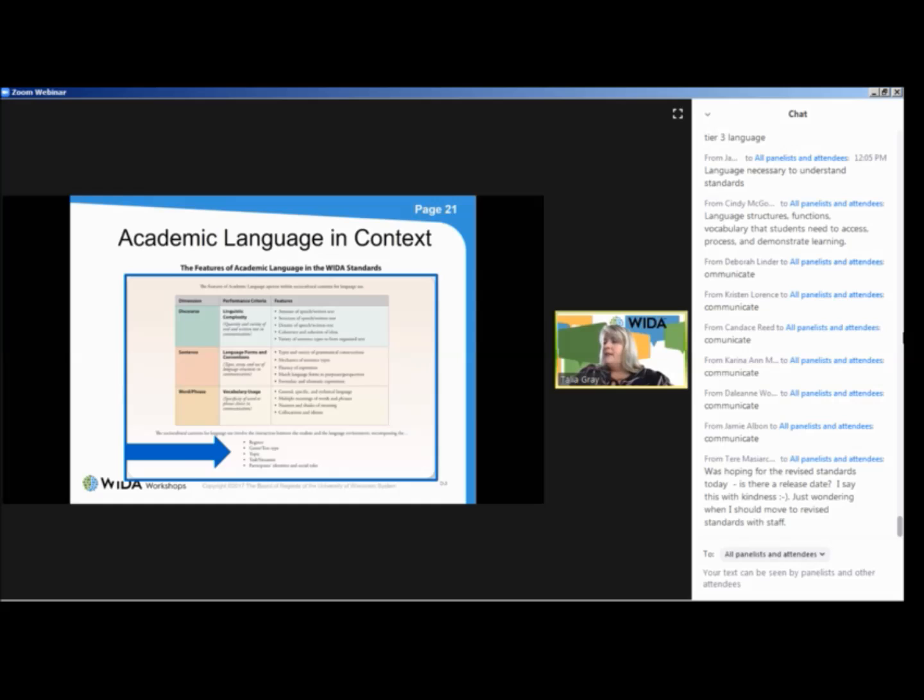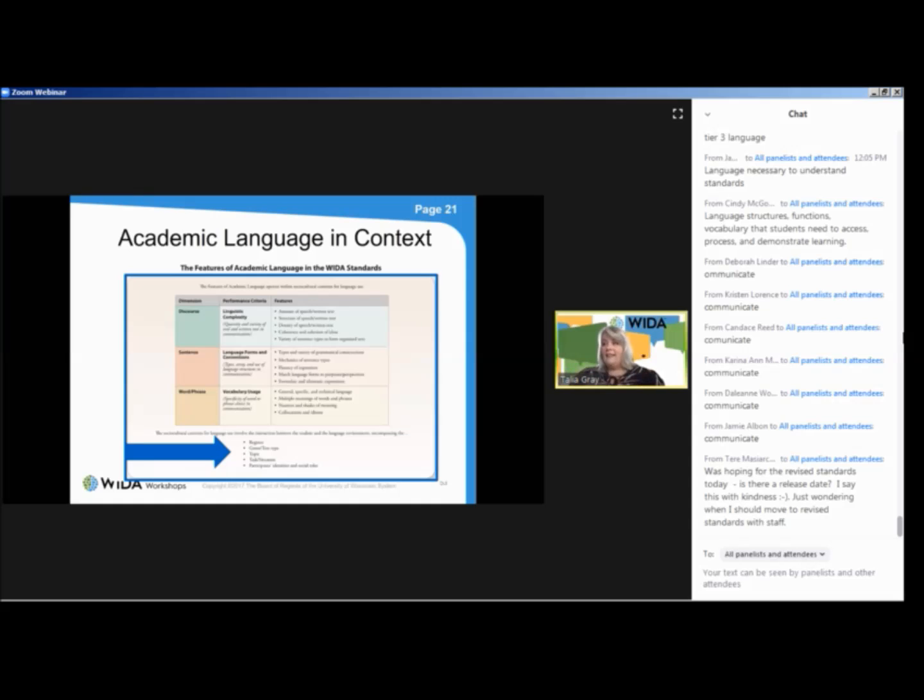If you look here, you can see that the three dimensions of academic language are within this sociocultural context for language use. It involves the interaction between the student and the language environment. So you're going to see register, genre and text type, topic, task, situation, and participants' identities and social roles. That whole orangey-gray box is the sociocultural context, okay?